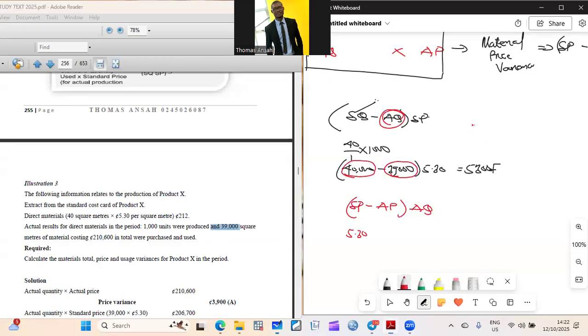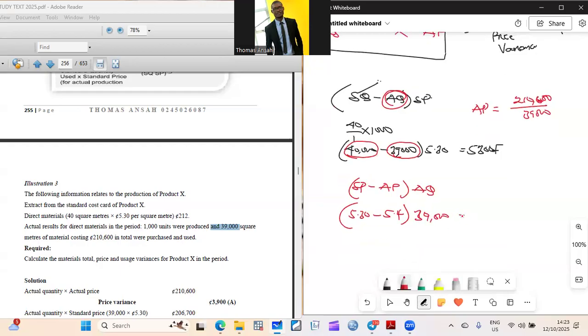So if you want the actual price, it is 210,600 for the 39,000. What did you get for that? 5.4. All right. Actual quantity is 39,000.